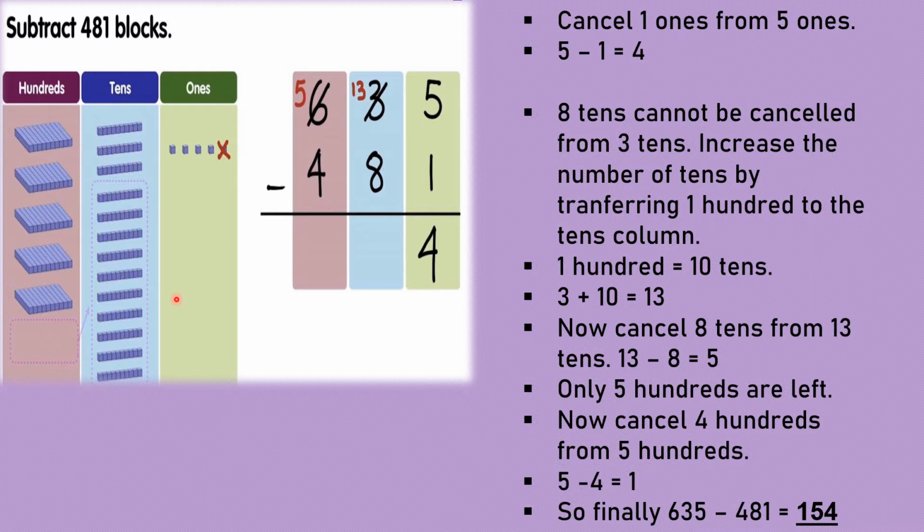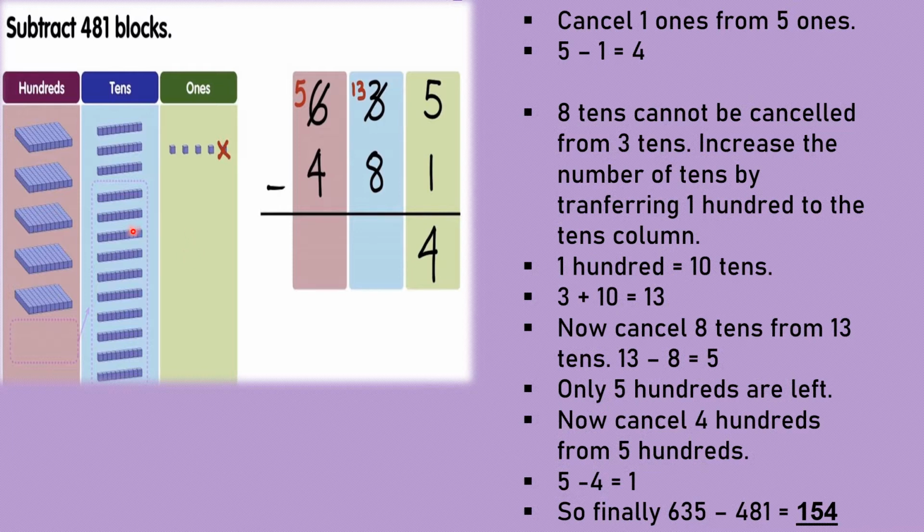For example, let's say I am just giving you an example. I had 2 ones and I needed to cancel 6 ones from it. So I cannot do that, right?